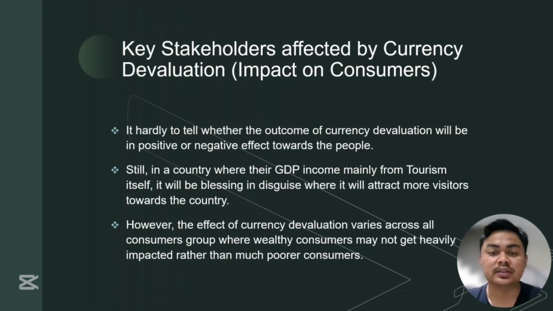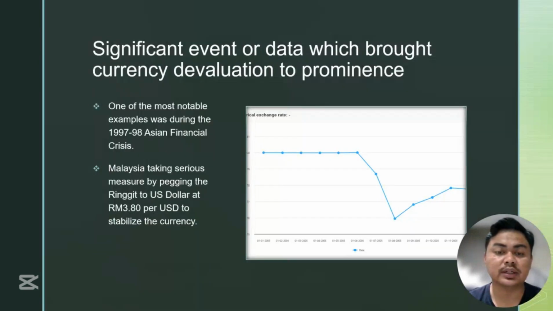This is because wealthy consumers will experience a smaller effect on their living costs compared to much poorer consumers. This is because the depreciation of the currency presents a wide variety of products into the market, mainly focusing on selling to rich people rather than poor consumers.